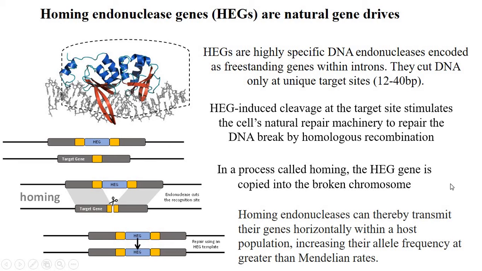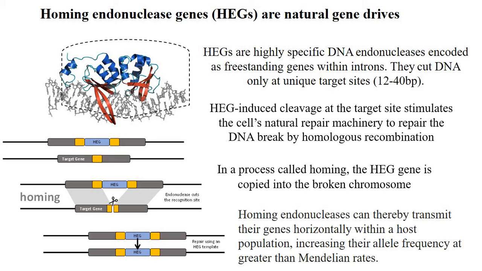So these can be transmitted horizontally within a host population. Now, for example, if these are sex chromosomes, when they go into the eggs or sperm, they both will have the homing endonuclease gene in them. So all their progeny will have at least one copy of the homing endonuclease gene, because it can copy itself onto the second chromosome.